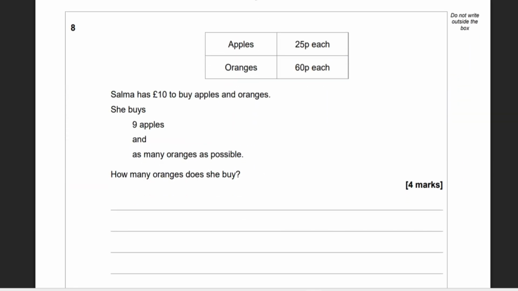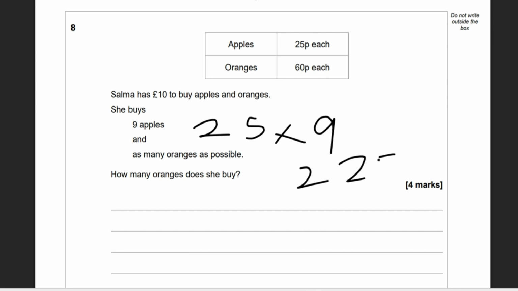Okay, we get to the next one. Salma has 10 pounds to buy apples and oranges. She buys 9 apples. So how many oranges can she get? 9 apples is 9 times 25. 1 apple is 25, so for 9, 25 times 9 gives us 225, which is 2.25.